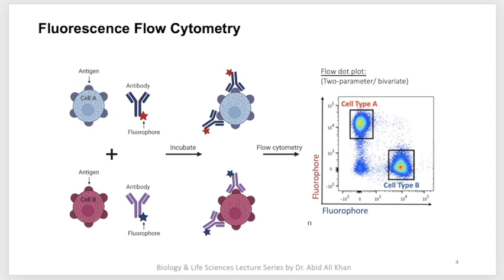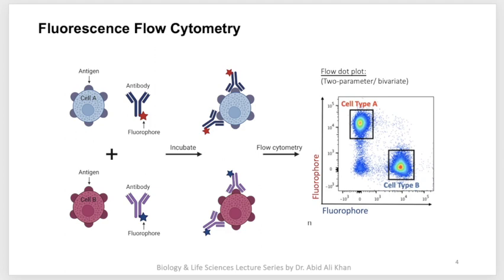The wavelength of the red laser is in the region where these fluorophores would absorb the red laser as an energy source and then get excited. And then when they are excited, the detectors would detect the wavelength of the emission, and we will plot the blue fluorophore fluorescence on the x-axis and the red on the y-axis.